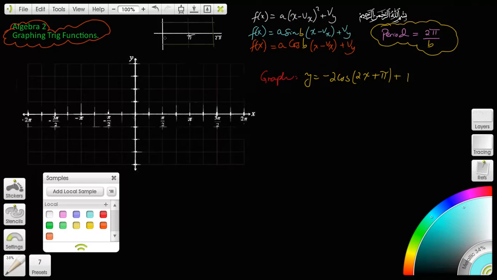So y equals sine of x. If you were to graph this over here, the parent equation, y equals sine of x, the period would be 2 pi, and it looks like this. Remember, the first half of the graph is like this, crosses there at pi.